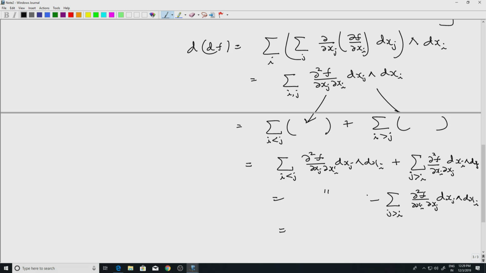So now both the sums involve summing over i less than j.